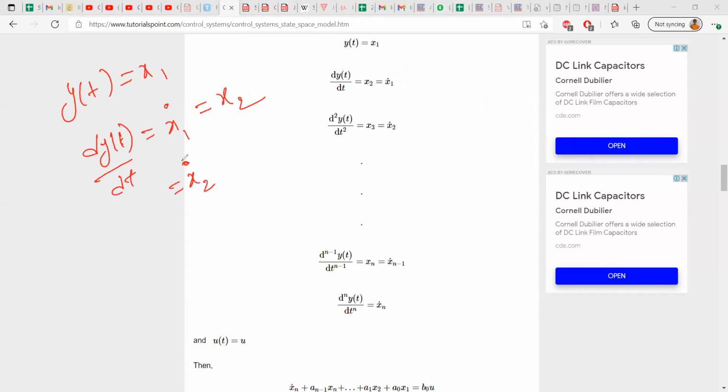Is it clear, all of you? I am taking y of t equal to x1. What is x1 dot? dy of t by dt, which is also taken as x2. Next, I am finding x2 dot. What is this one? d square y by dt square, which is taken as x3, or which is considered as x1 double dot.